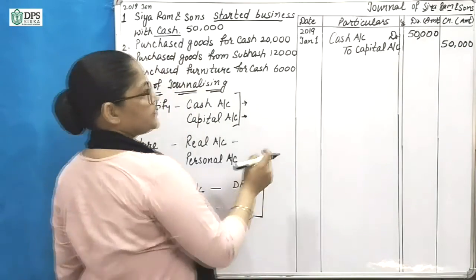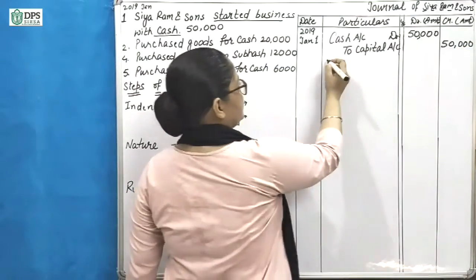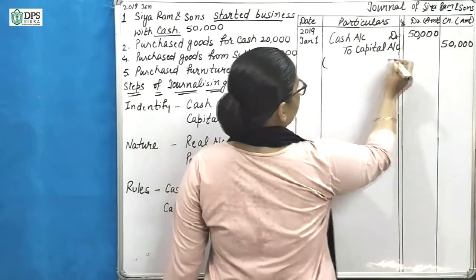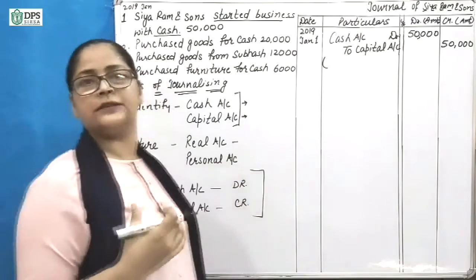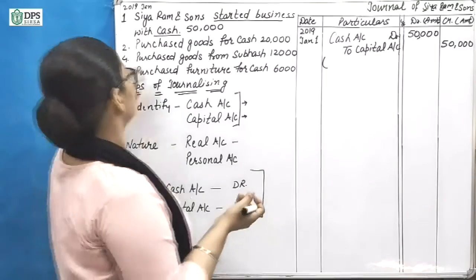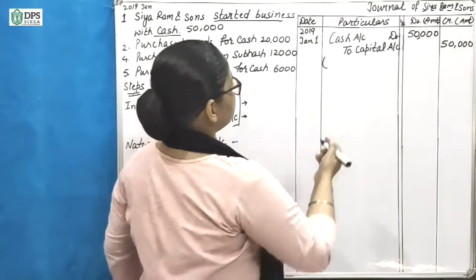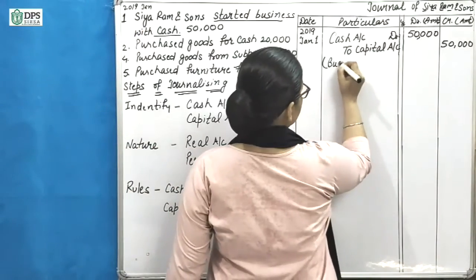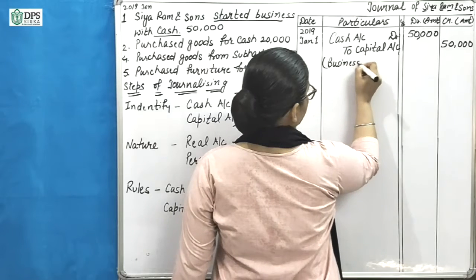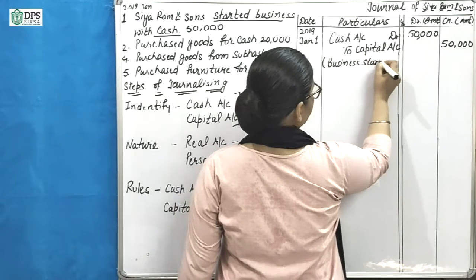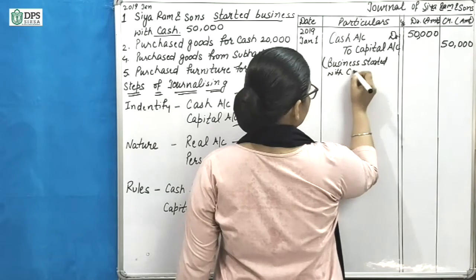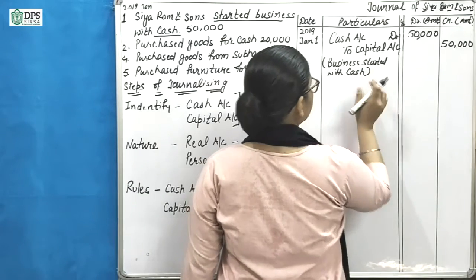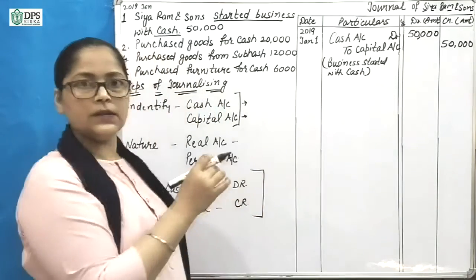So this is the journal entry, and now we will write here the narration. So narration is the brief description of the entry. So we will write here business started with cash. So this is the brief description of the journal entry.